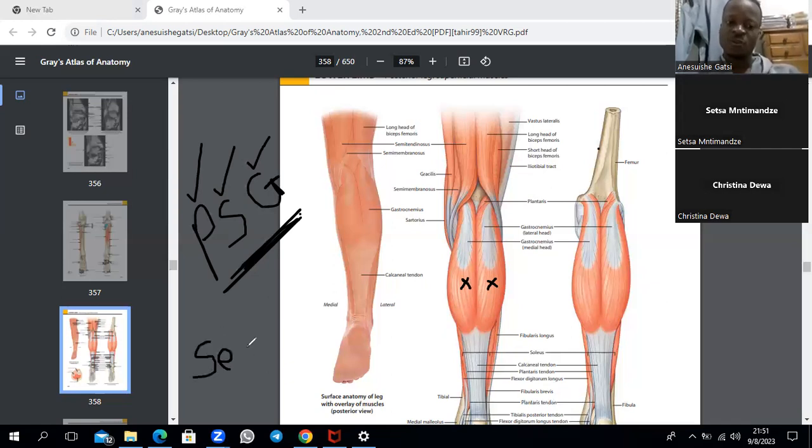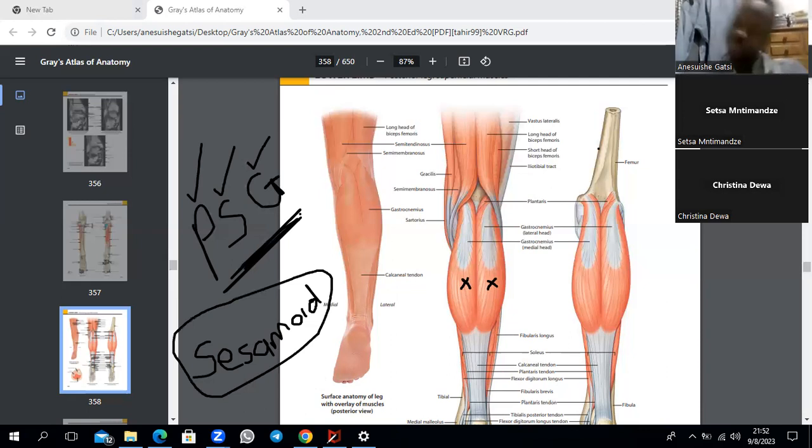Does anyone of you know what a sesamoid bone is? You must have read about sesamoid bones in the upper limb. There are quite a lot. In the lower limb, there are quite a lot. And quite interestingly, the largest sesamoid bone is the patella, which is on the knee joint. It's a bone within a tendon.